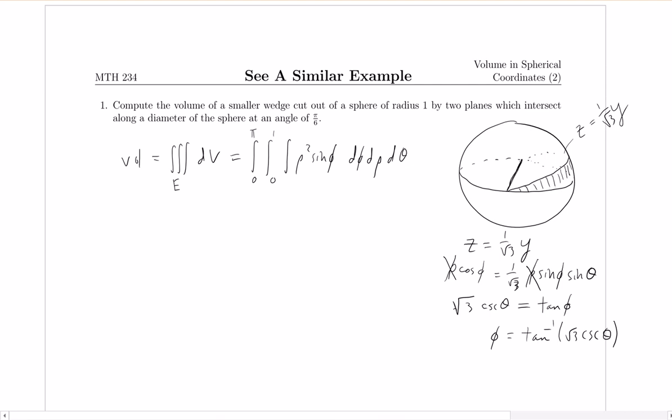It's just flat. It's the xy plane. So the upper bound for phi is just pi over 2, since phi equals pi over 2 is the xy plane. The bottom bound for phi is this nasty equation that we just came up with: the arctangent of square root of 3 times cosecant theta.